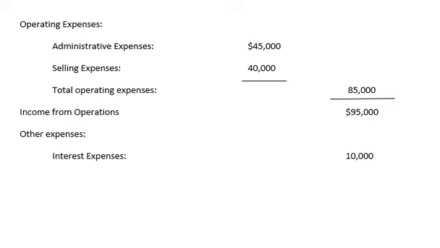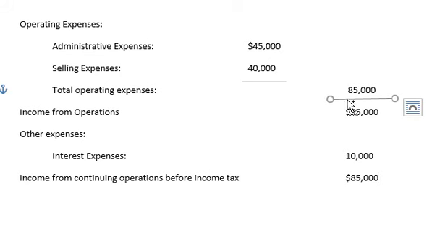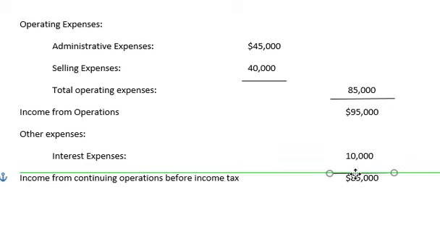Now we get income from continuing operations before income tax. So 95,000 minus 10,000 gives 85,000. We put this one in here.